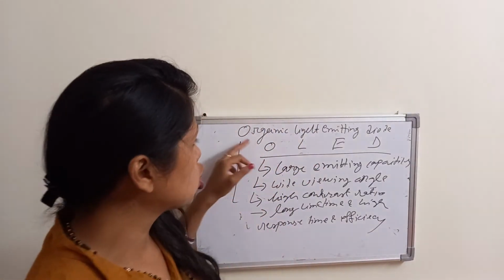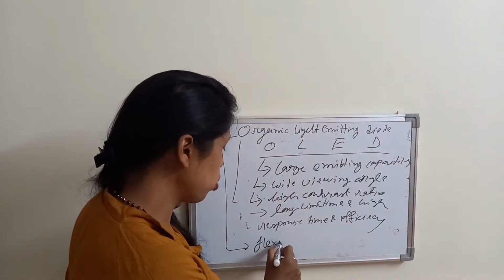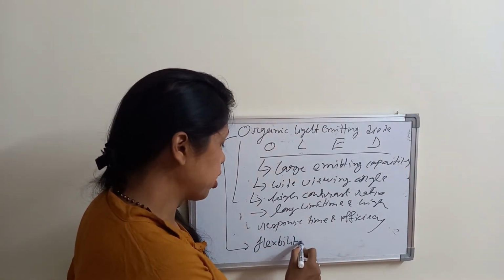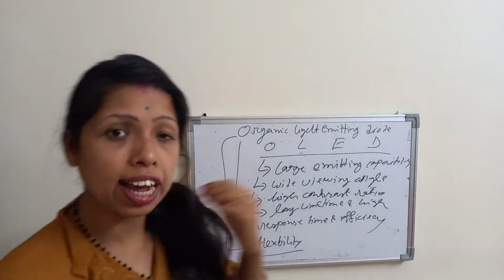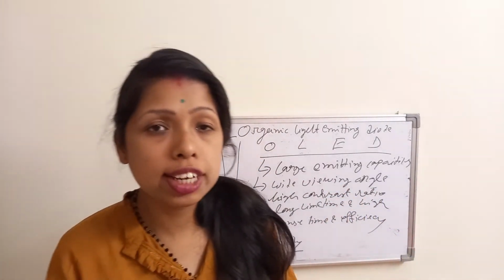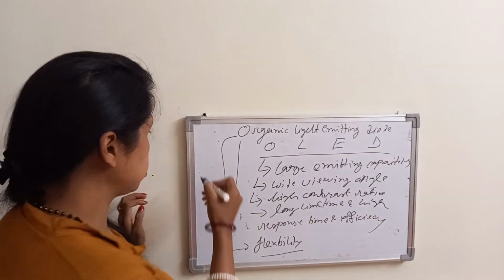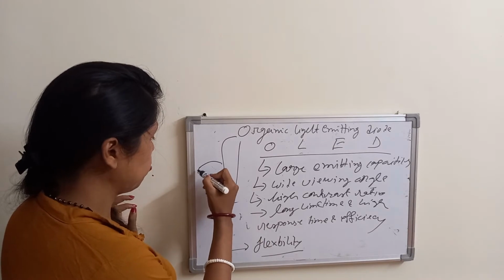Okay, another most important feature is flexibility. As an organic material, it has one of the advantages, that is flexibility. So we can design a flexible organic light emitting display.